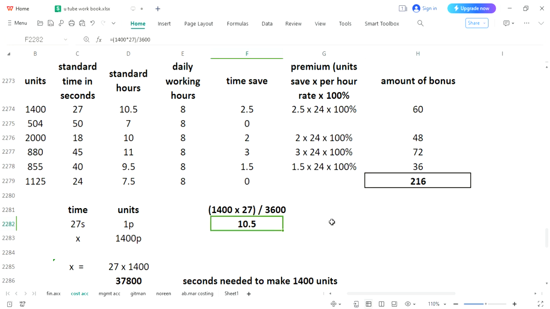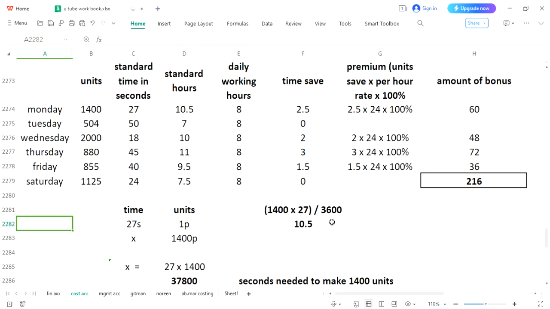Alright guys, these were the steps we have taken on Monday. We followed these steps with which finally we got the amount of bonus on Monday, and then Wednesday, Thursday, Friday. On Saturday there was no bonus, and we are going to write it over here.